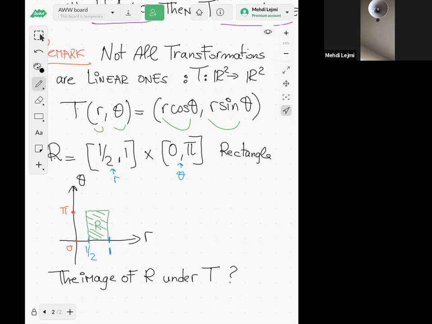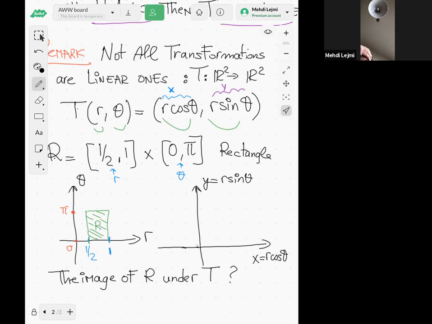Let's say X is R cosine of theta and Y is R sine of theta. So here I'm going to draw two axes: the x-axis, where X is equal to R cosine of theta, and Y, which is equal to R sine of theta.